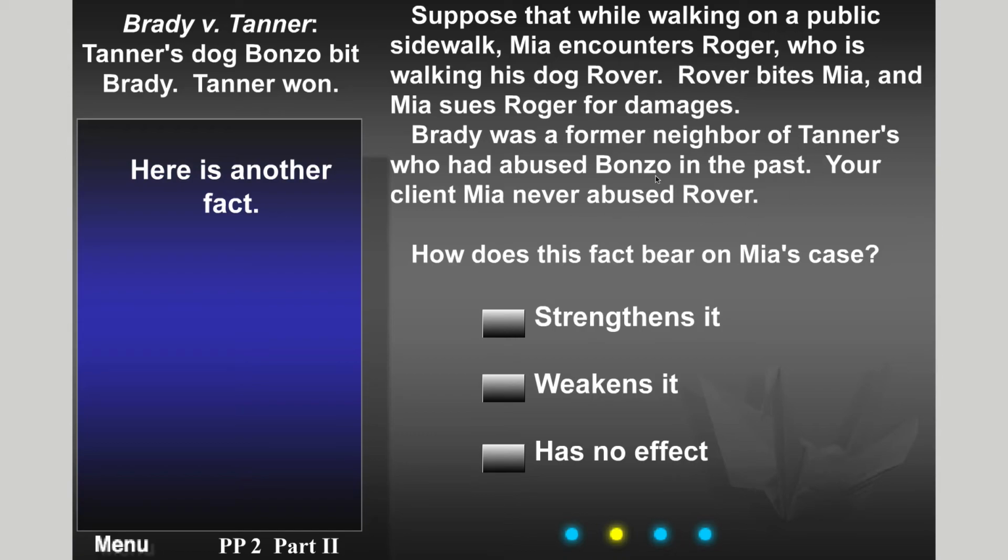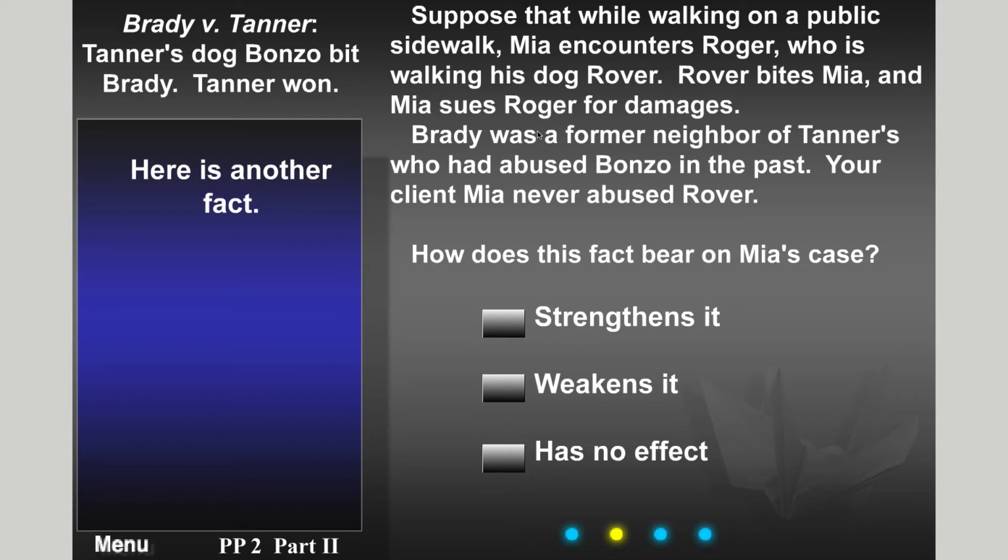This is very relevant here, right? In other words, Brady, this is the grammar here, right? I'm presuming the grammar is off here. What they're saying is Brady was a former neighbor of Tanner's and would go over and abuse Bonzo, but the grammar here does not lend itself to that. But in any event, Brady abused Bonzo.